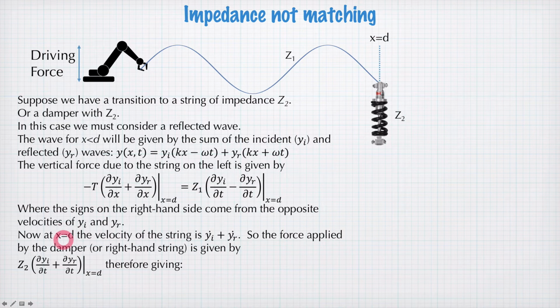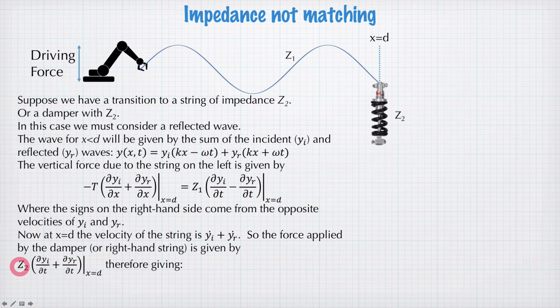So now at x equal to d, the velocity of the string is given by the sum of the velocities yi and yr, so yi dot and yr dot. So the applied force by the damper is given by the product of the impedance of the damper, Z2, and the total velocity of the string at that point. So this is the force applied by the damper.